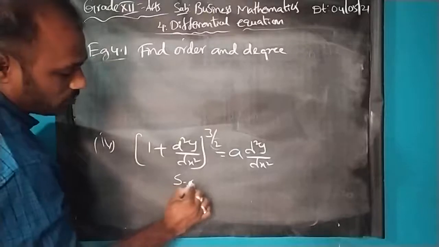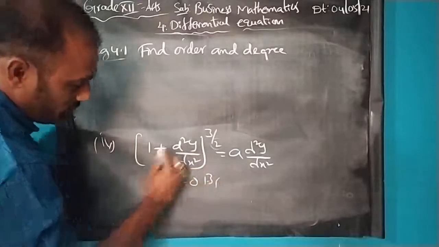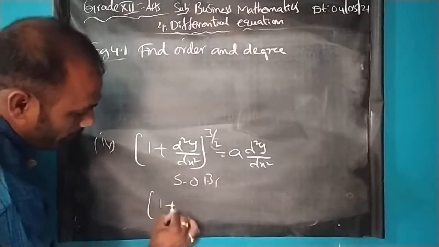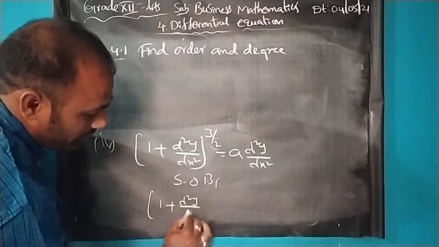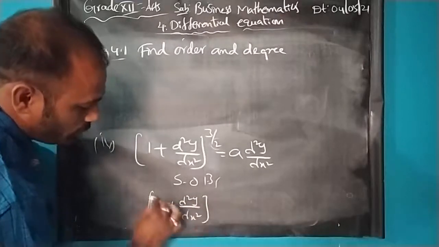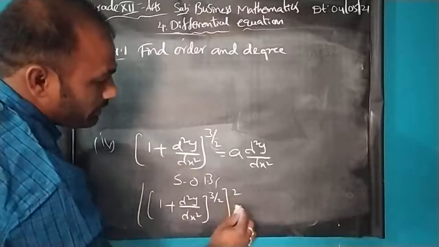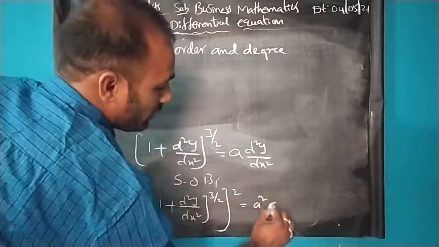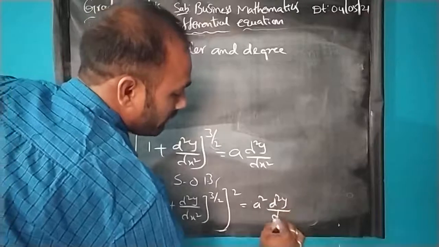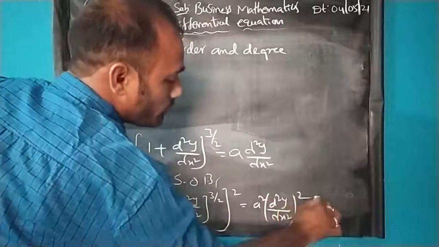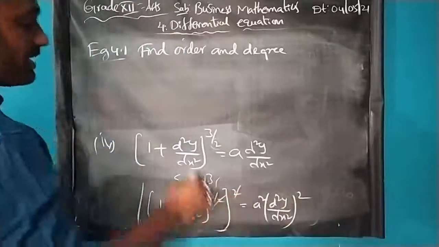So if I apply squaring on both sides, it becomes 1 plus d square y by dx square whole to the power of 3 by 2 whole square equals a square into d square y by dx square whole square. So the 2 gets cancelled.